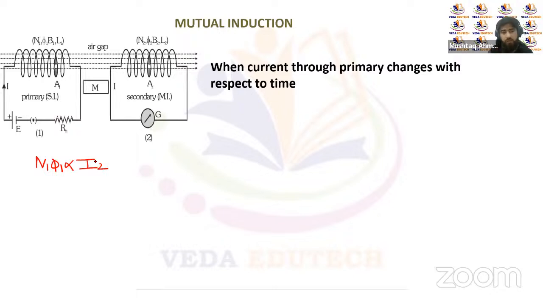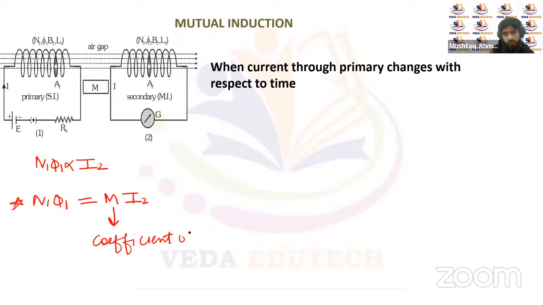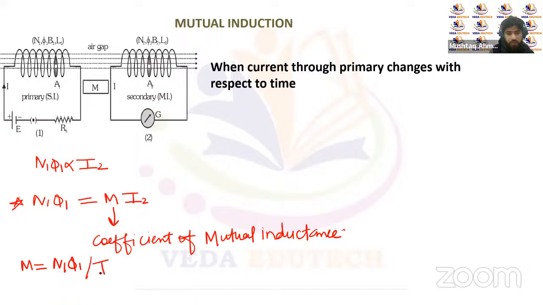This proportionality will be replaced with a constant M, and this M is what we call the coefficient of mutual inductance. Or we can write M as N1 phi1 upon I2.